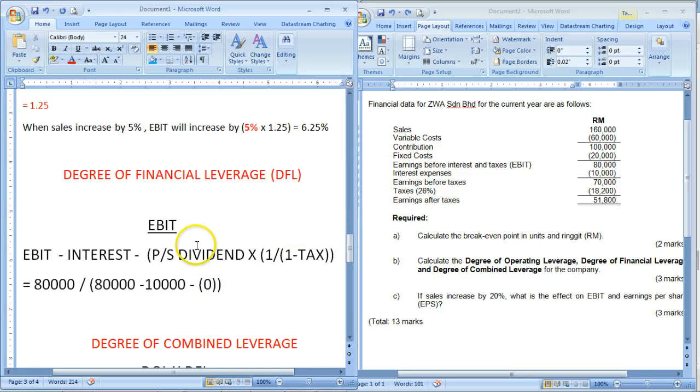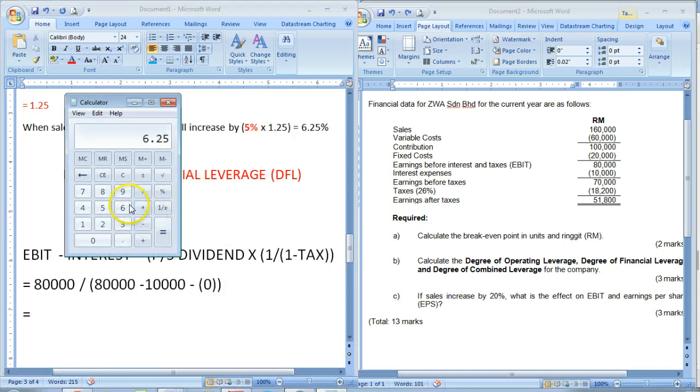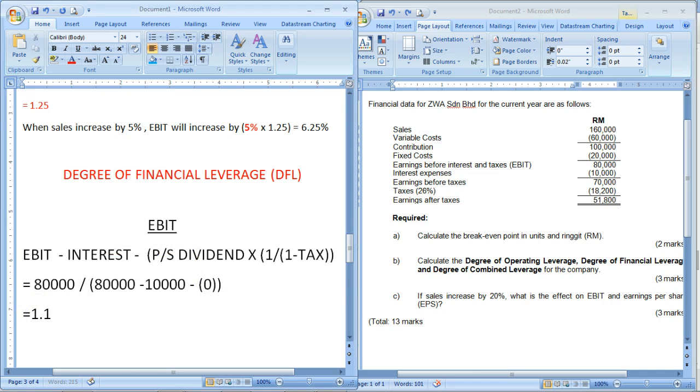Because 0 times tax, you will get 0, correct? So we can just put 0, and then, alright class, you can try to calculate. 80,000 divide by 80 minus 10 is what, class? 70,000. 80,000 divide by 70,000, then you get 1.14.